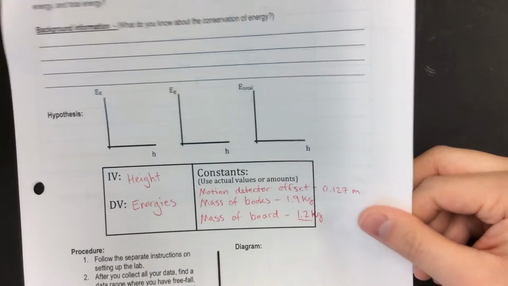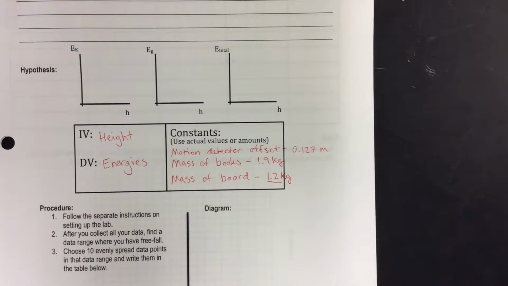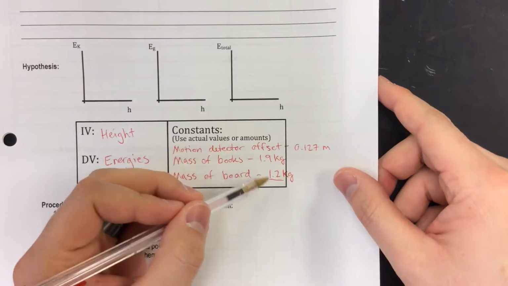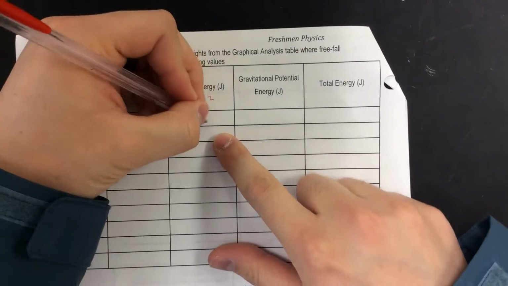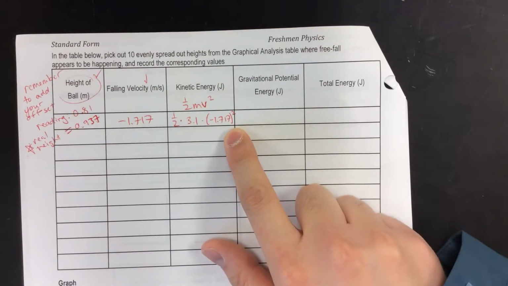In my case, for what me and the other physics teachers did, we had the mass of the board and the mass of the book. We put the book on top of the board, we dropped it. So it's the mass of the whole thing. We had 3.1 kilograms of stuff falling. So I'm going to take my 3.1 kilograms and I'm going to multiply by the square of my velocity.